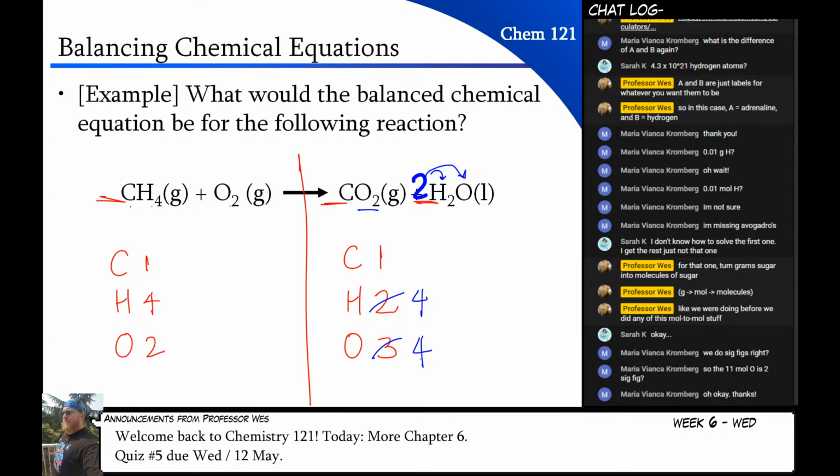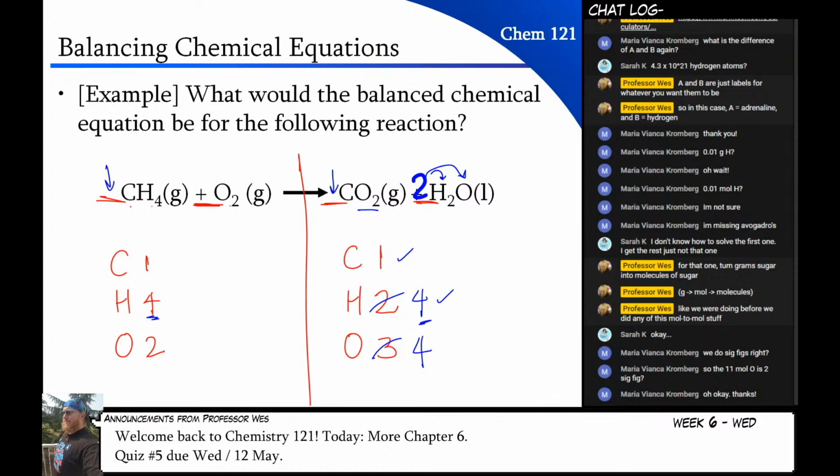Now, I just arbitrarily picked a number. You should pick numbers that help you balance things out one at a time. So you'll notice that my putting a 2 there was actually pretty good because now the number of hydrogens that I have is good. My carbon was already good, so putting a number in either of these spots would not be very useful to me.